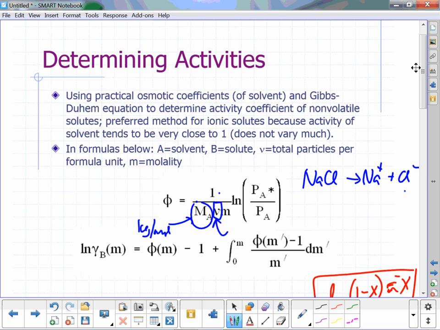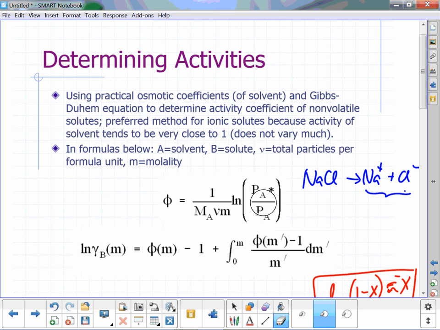In the formula I gave you earlier, that M stands for the total molality. If you want to explicitly account for the possibility of ionic solutes, then you have to put that nu right there. In fact, this particular method is going to be very useful for ionic solutes.